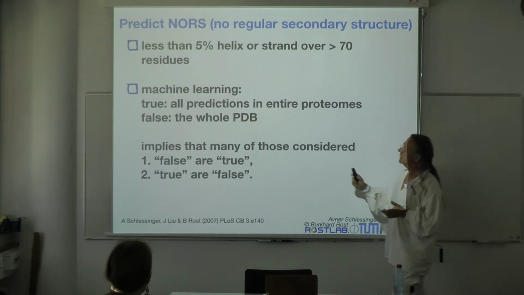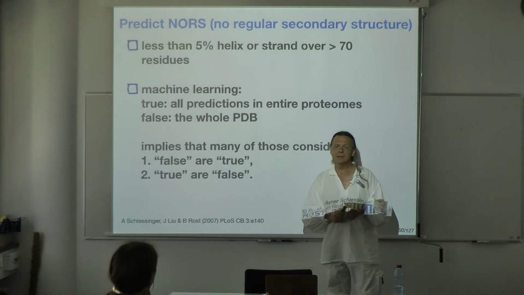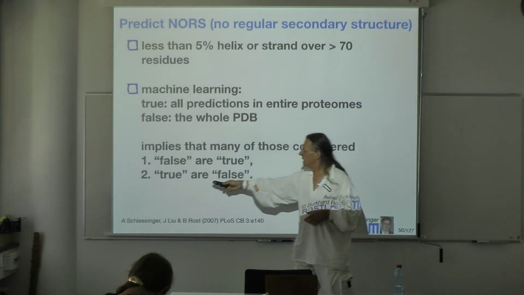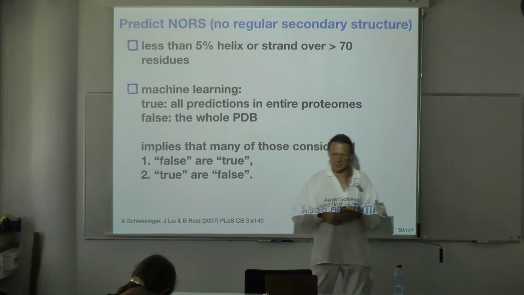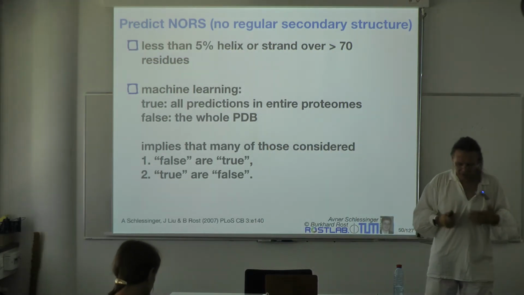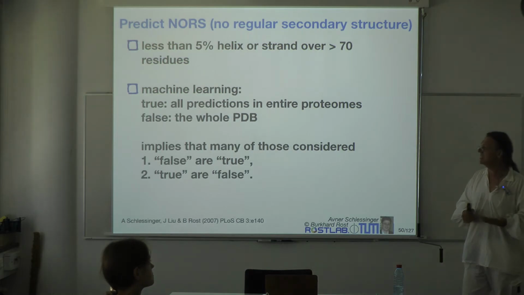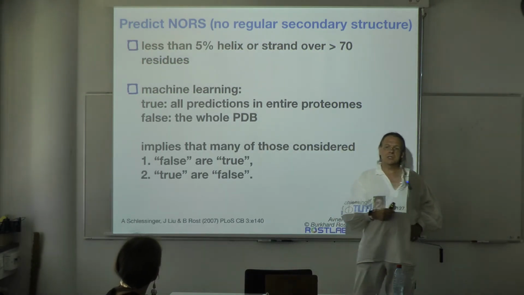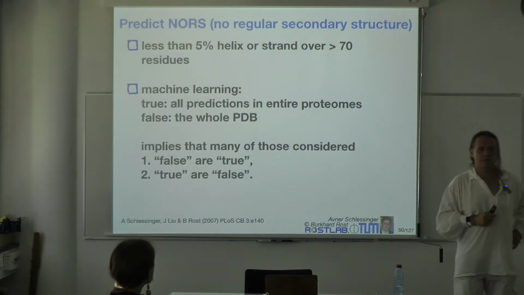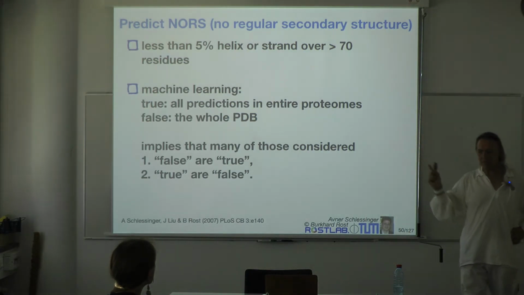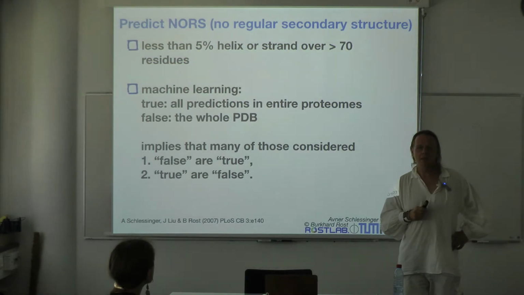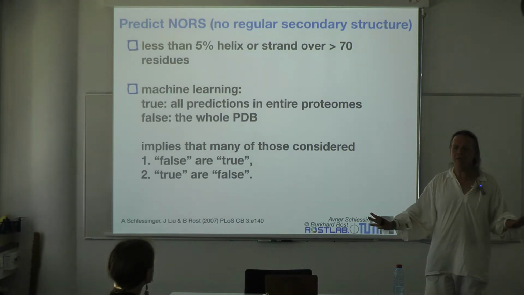That's one problem. The other problem is that the ones that are true are false in some sense, because they are clearly missing what we're after. There's also a problem here, because in PDB there is disorder, and I will get back to that. There's a way to identify disorder in the PDB, and we completely ignore that too.